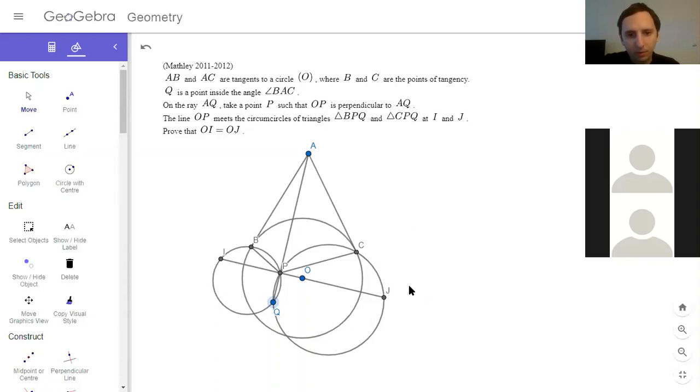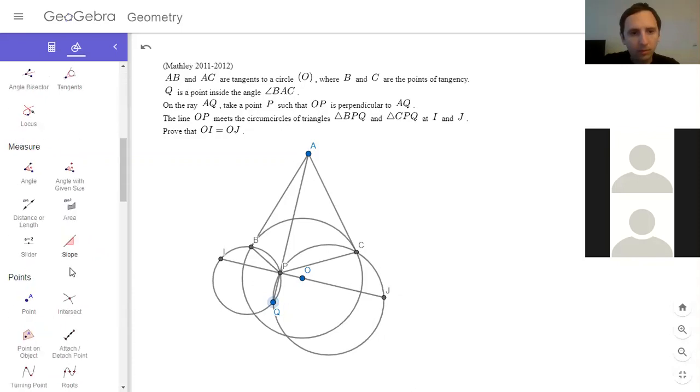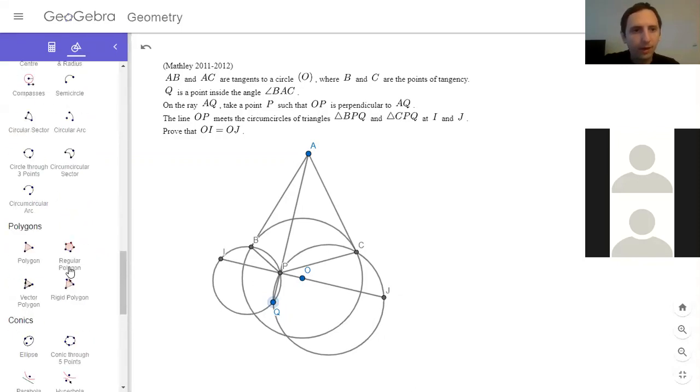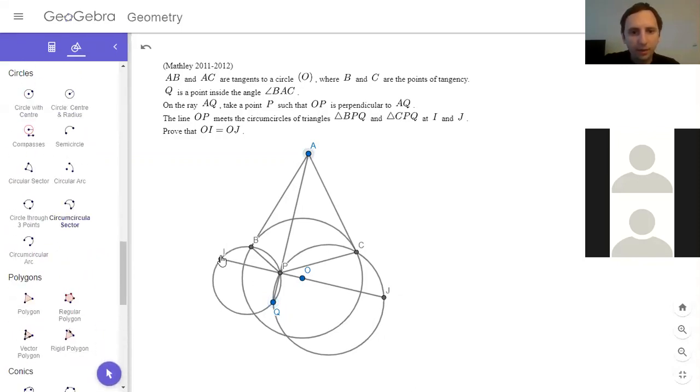AIQJ cyclic means something like AO is the median and AQ is the semi-median, so it might not be cyclic. Whoops, so no. I keep clicking the wrong thing.